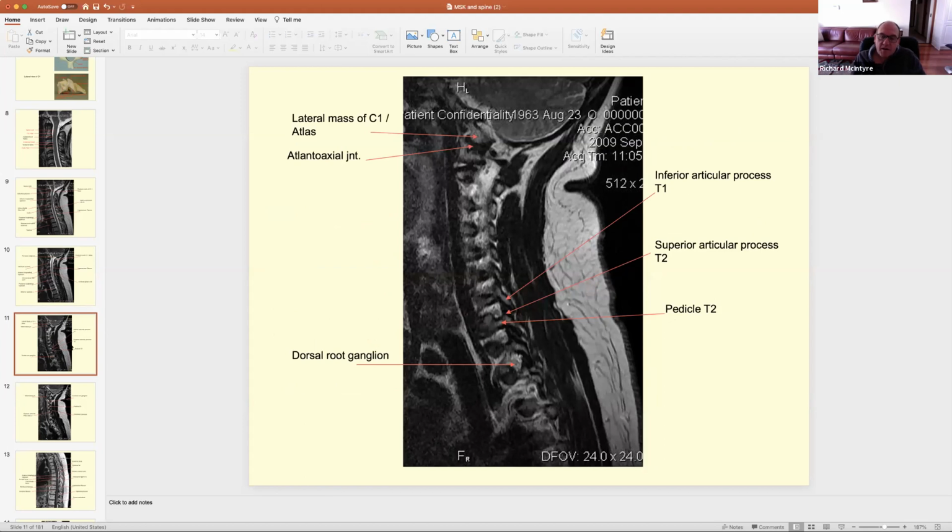Now, as we move a little bit more lateral, we can see that the nerve roots have come out of the spine. We were looking at the nerve roots before, and we can see how those nerve roots have come out of the cord and they're exiting through the neural exit foramina. We'll be able to see an axial slice through those nerve roots.